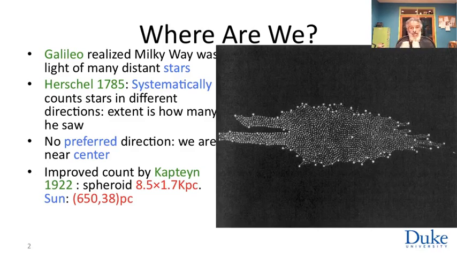And the sun was not exactly in the middle. It was offset by a little bit, by 650 parsecs in the radial direction, and by 38 parsecs away from the plane, which was the central plane of this disk, about which it extended for about 1.7 kiloparsecs. So this was the universe as Kapteyn saw it in 1922.